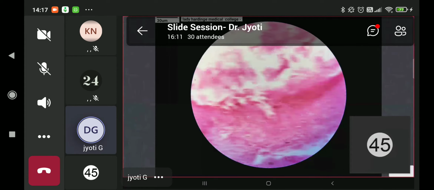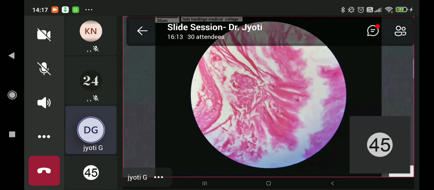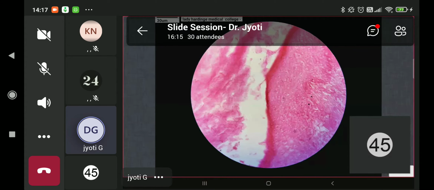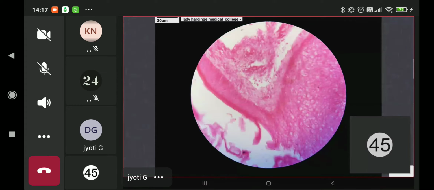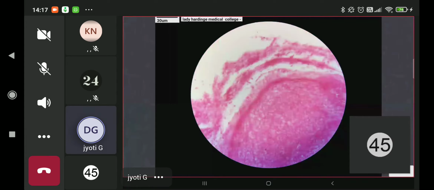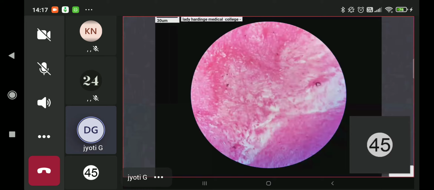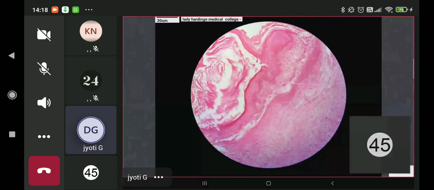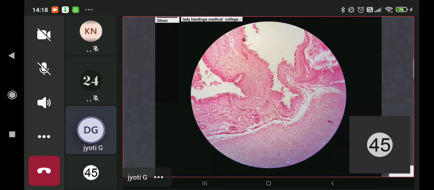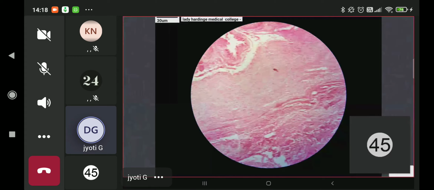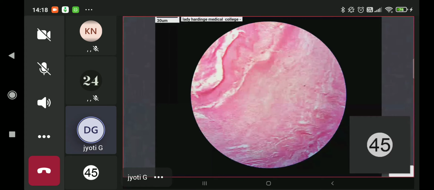Yes, okay. So it is derived from which germ cell layer? This is from ectoderm. Okay. This keratinizing stratified squamous epithelium is from ectoderm. Okay. Then what do you see? You see some neural tissue also.